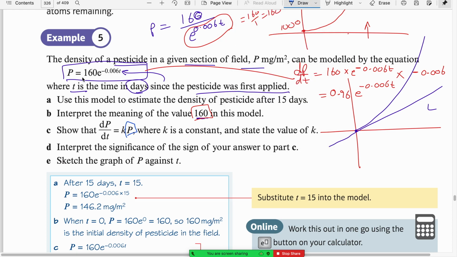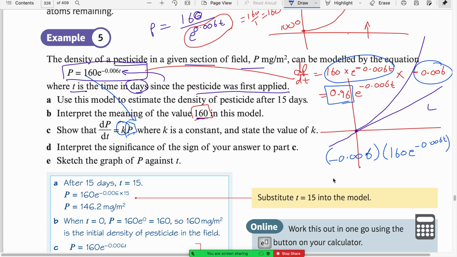This right here is P. P stays there, and whatever is left behind is k. So we can say that this complete thing was basically P, and this is k: negative 0.006 times 160 e raised to power negative 0.006t. So I can write minus 0.006 into P. This is the differentiation.